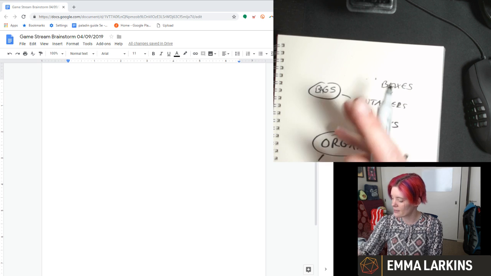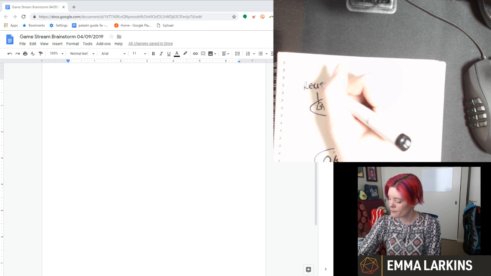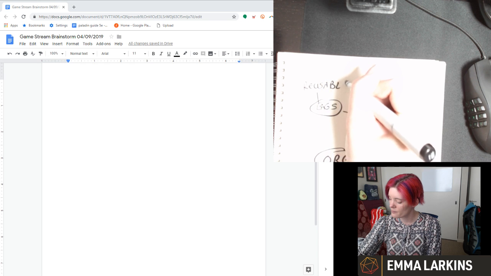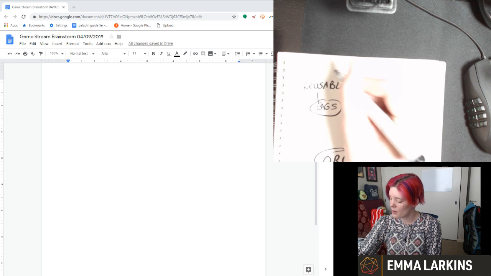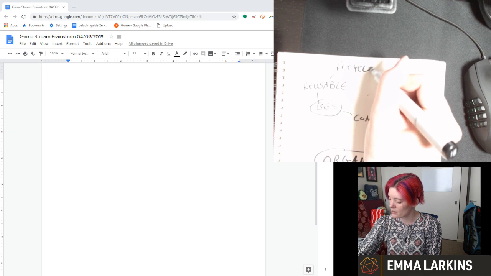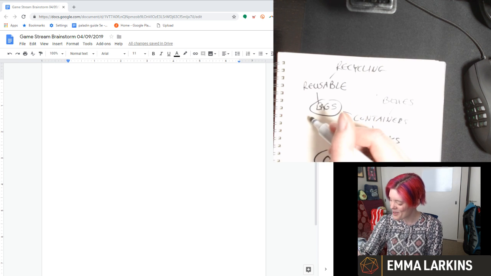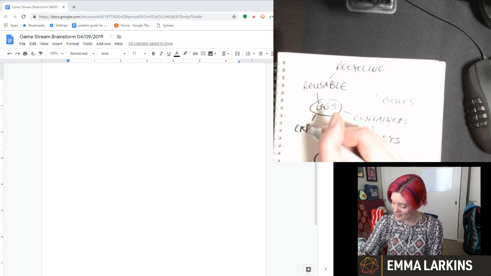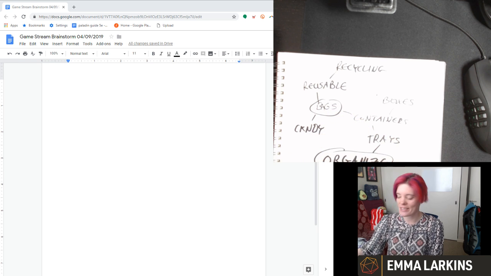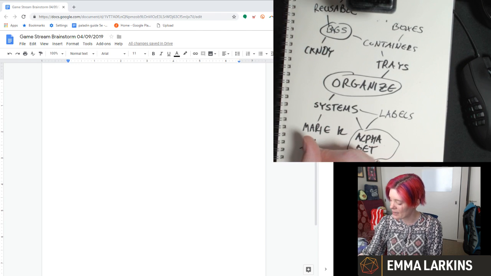So for bags up here, for example, I can say reusable. And that makes me think of recycling. Bags, candy. Again, one of the cool things about that technique is it doesn't have to be completely logical, just whatever is sparked in your brain at the time.